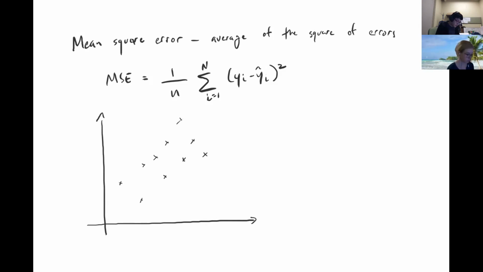I've got my X's and my Y's. Let's put a line through it as a way of demonstrating the fit.